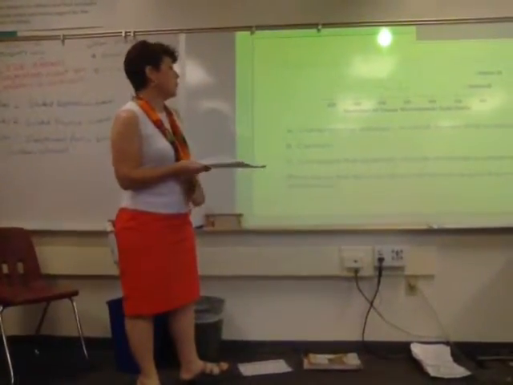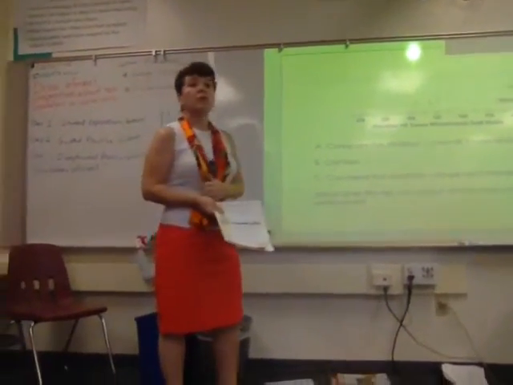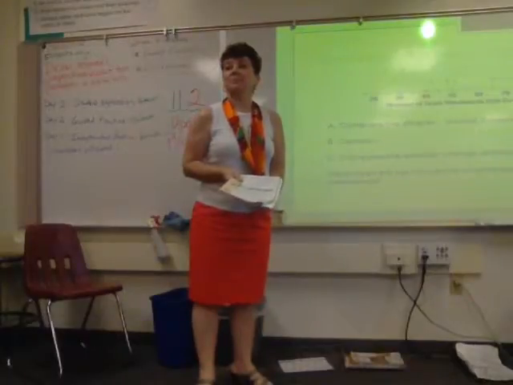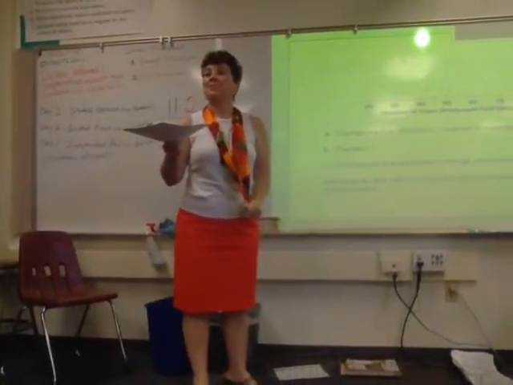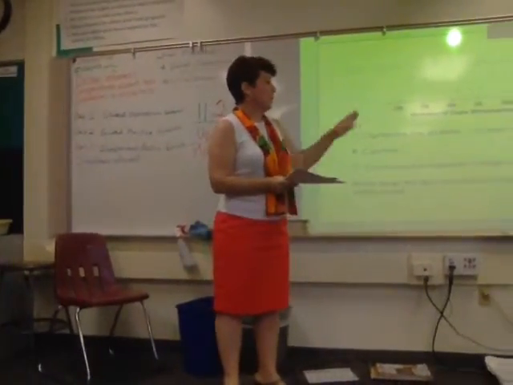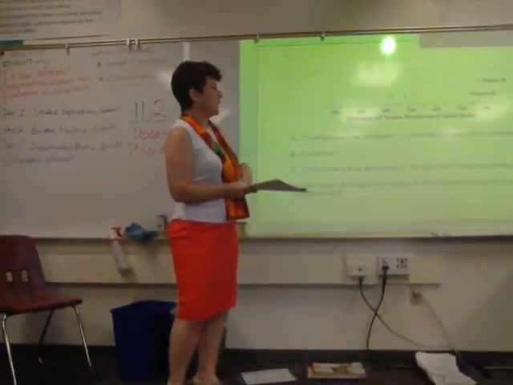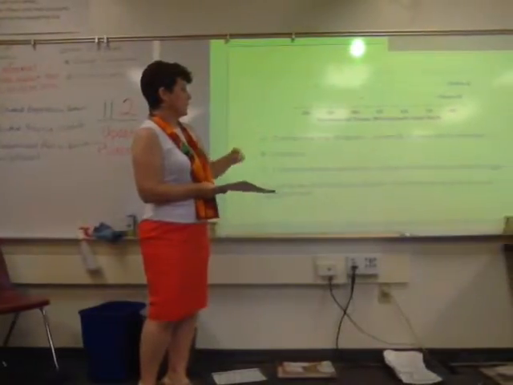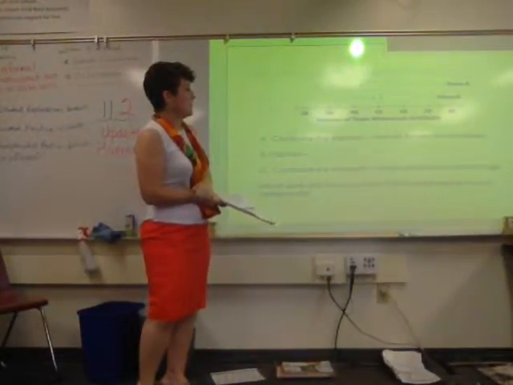What does this tell you about which store sold the most wristbands? Who has a thought? So store B, we can tell from this box plot that store B sold the most wristbands.